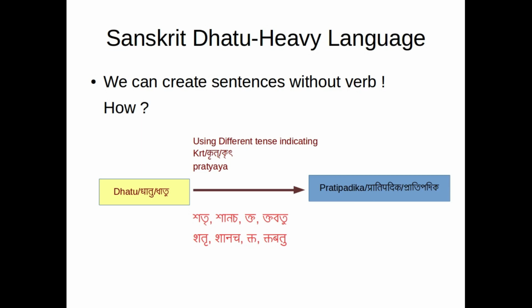We take a dhatu and using different tense indicating krit pratyayas such as shatri, shanach, kta or ktavatu, we can get pratipadikas, and we can use those pratipadikas in lieu of direct tinganta padas.